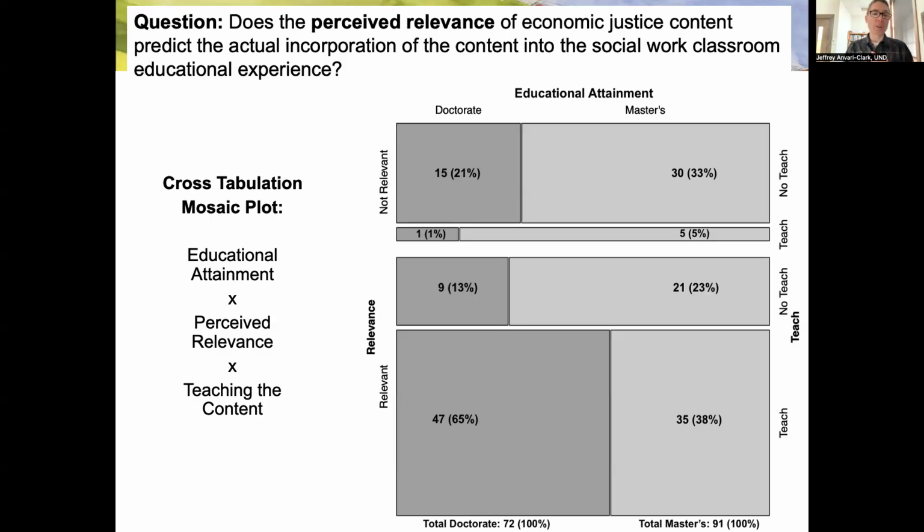And then you've got smaller groups of people. What was interesting is that among those who did not believe it was relevant, the majority of them had master's degrees. So does having a higher level of education impact one's willingness and belief that it's important to teach it? That's one of the big findings here.